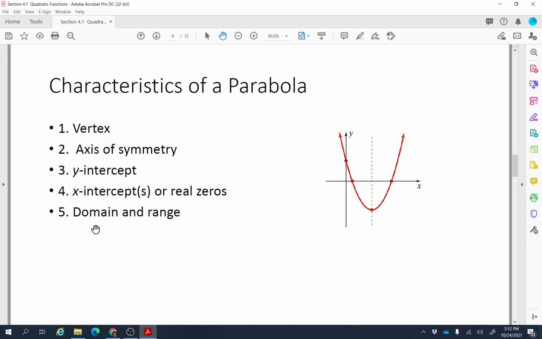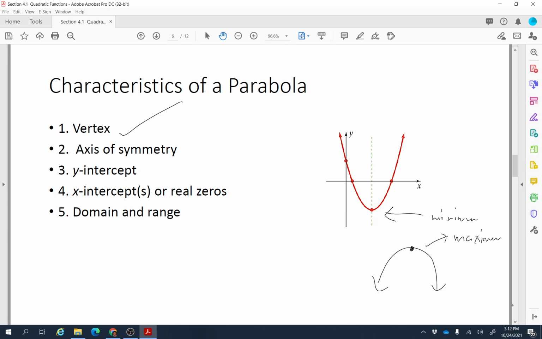Now there are a couple of things you have to understand before we apply this quadratic function to solve an actual real life problem. The first thing is the vertex, meaning either the minimum value, in this case a minimum, or in another case a maximum value. So either there is a maximum or a minimum value that occurs at a point, that's called the vertex.